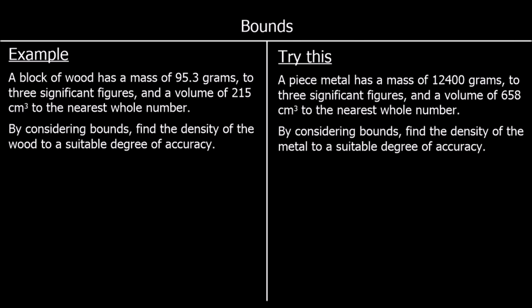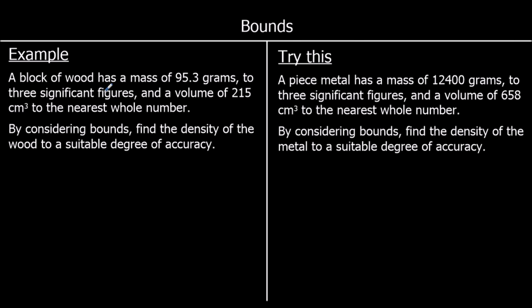One more example. This time the question says, by considering bounds, find the answer to a suitable degree of accuracy. So that means we're going to calculate the lower bound and the upper bound and see what they both round to.